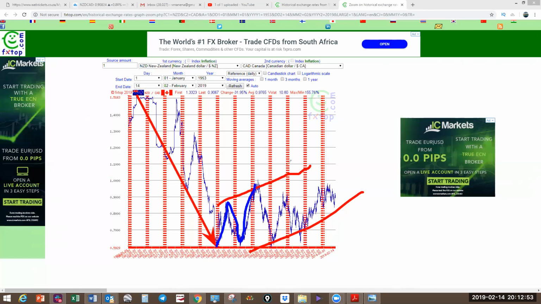Looks like you're getting another 1, 2, 3 coming down. 1, 2, 3. Now you're getting this last move, another 3-wave structure. 1, 2, 3. Like that.